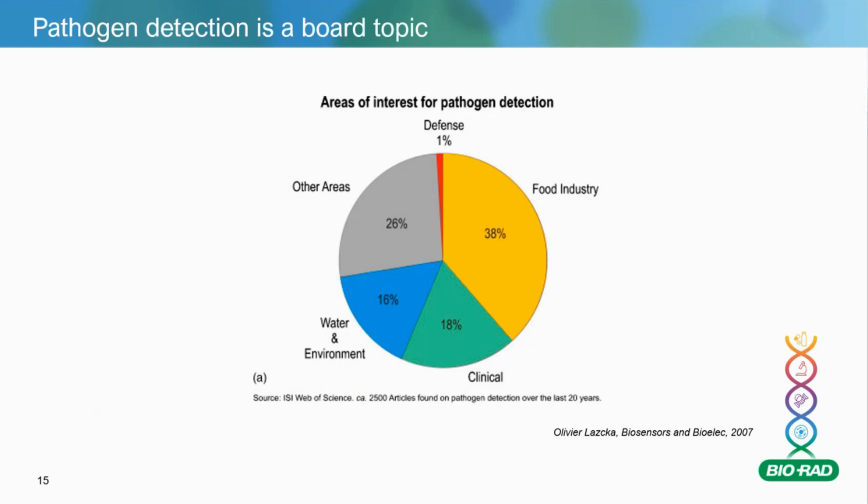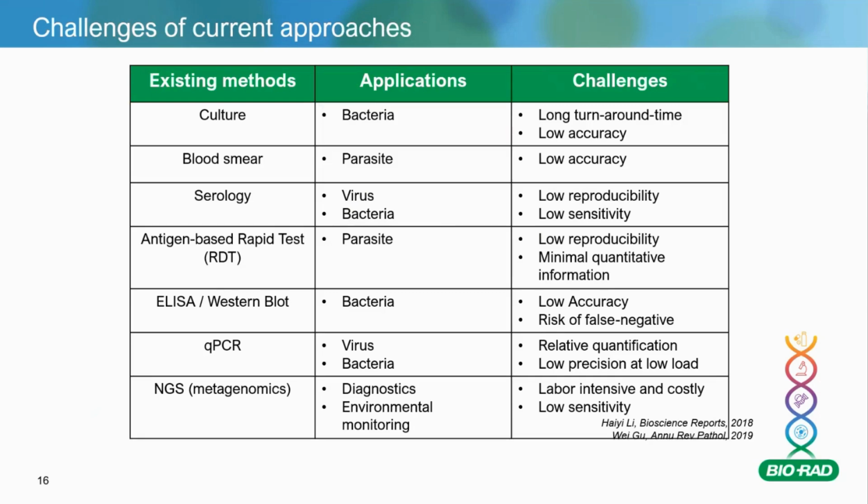When we discuss with customers, what they're expecting and what we're trying to offer can be different. But mostly we're looking at clinical to a degree, with water, environmental, and some of the food industry. Just to touch on some of these this afternoon, we want to look at just a few of them.